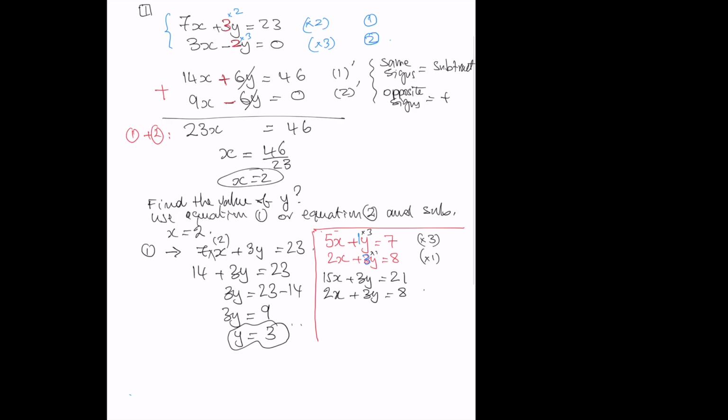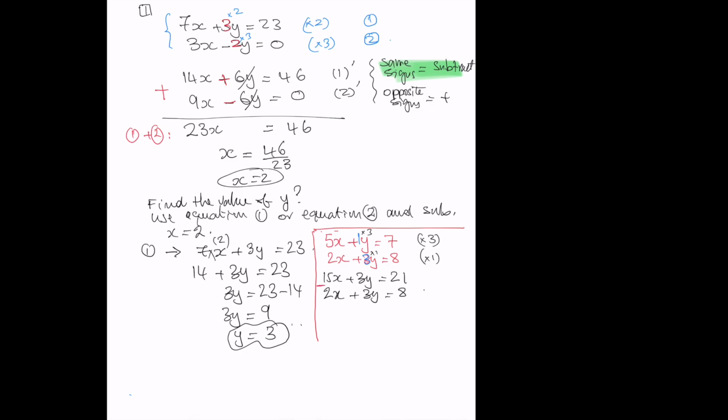Now, look at the previous explanation. We said that if you have same signs, subtract. Look, same sign, subtract. Yeah? So I am going to subtract now in this example. So put minus here.